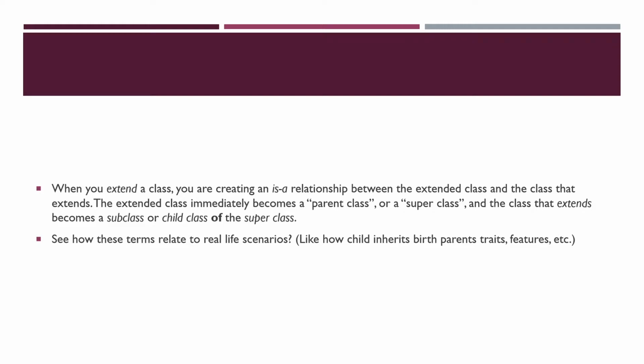The extended class is called the parent class or a superclass. Okay, they're synonyms. And the class that extends the parent class is called the subclass or a child class. Okay, so these terms are just very similar to real life scenarios, right? If you have a parent that gives birth to a child, the parent is the parent of the child, okay, and the child inherits all the fields and methods from the parents.